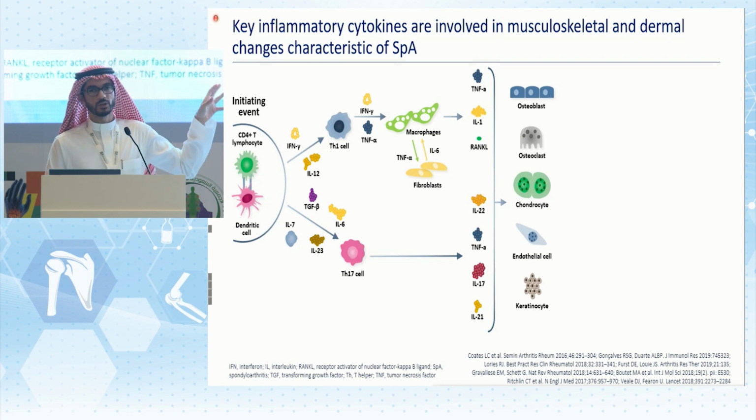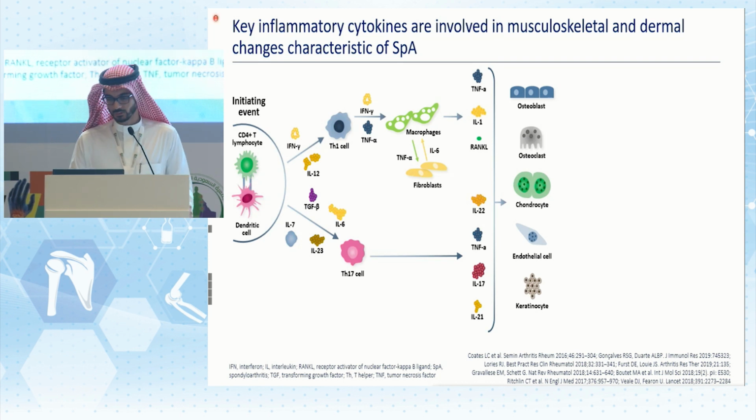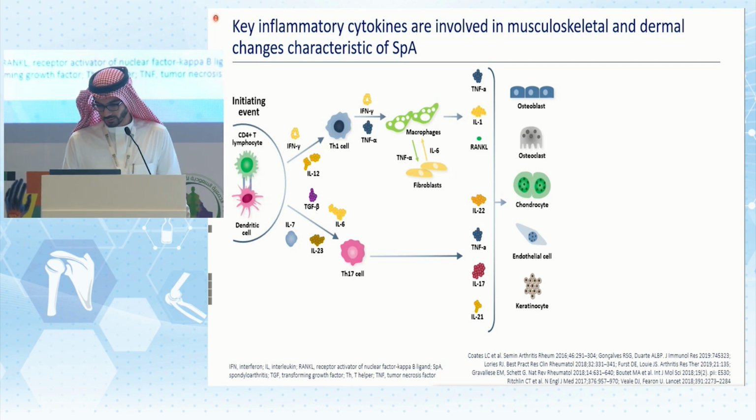All these cytokines that are produced in turn start showing clinical manifestations in the form of decreased osteoblastic activity, increased osteoclastic activity, increased chondrocyte formation, as well as more and more injury to the epithelial cells and production of keratinocytes.